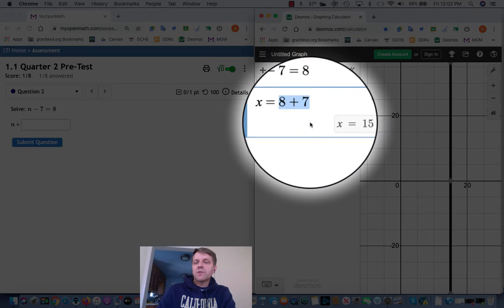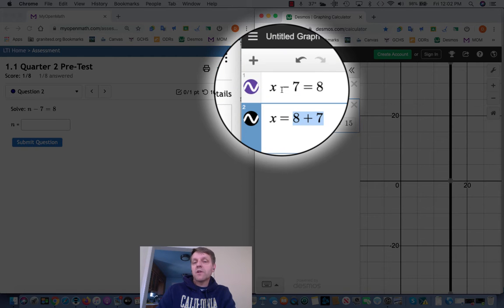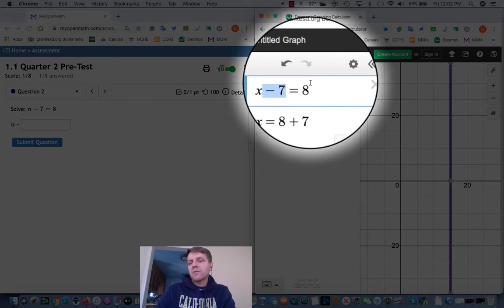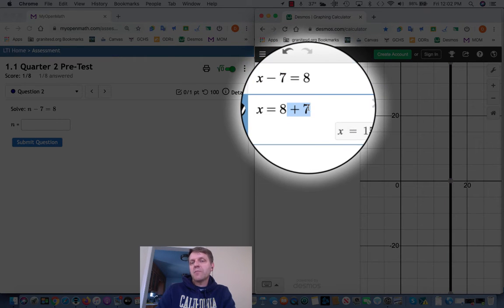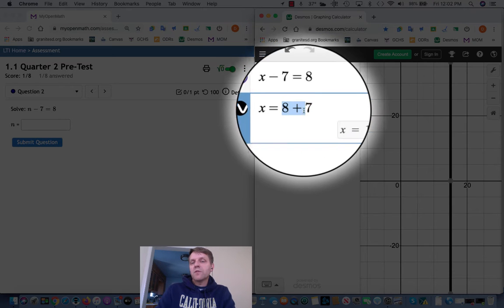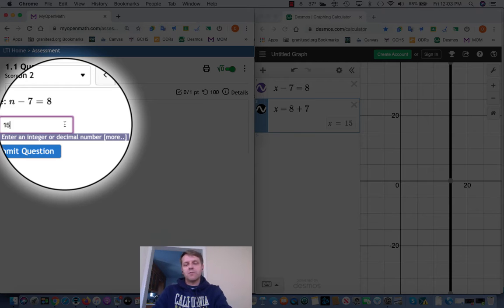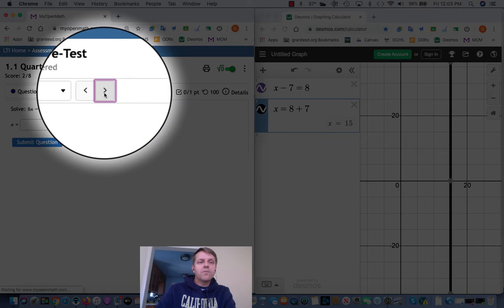And that leaves us with just the 8 plus 7. So another way to think about that is that this minus 7 jumped on the other side of the equal sign and became its opposite, which is plus 7. We did the opposite to the other side. And so, of course, 8 plus 7 is 15, just like Desmos tells us it is. So let's put that in there. Cool. Things are turning green.